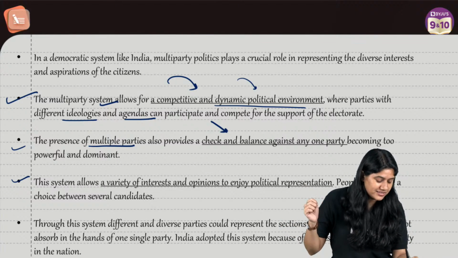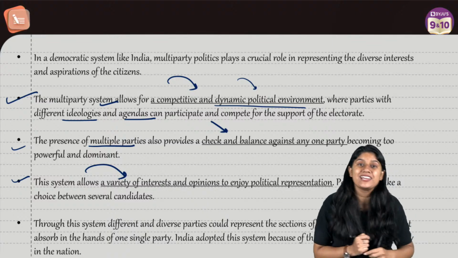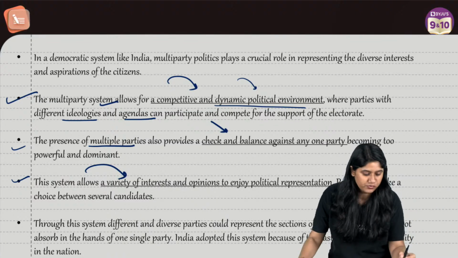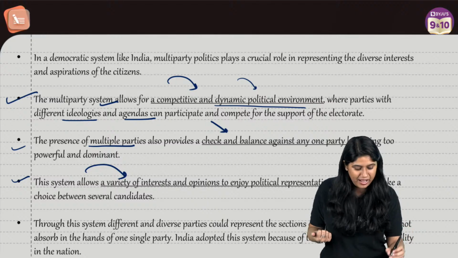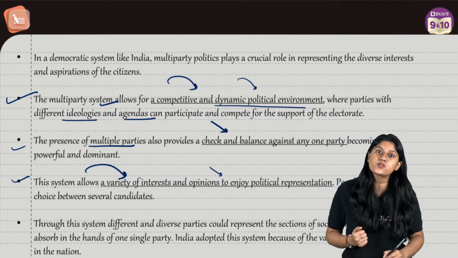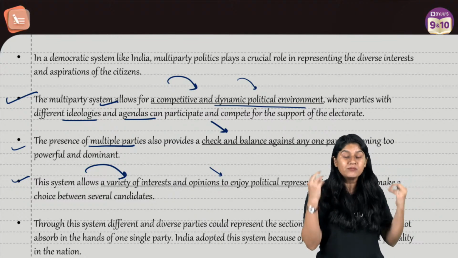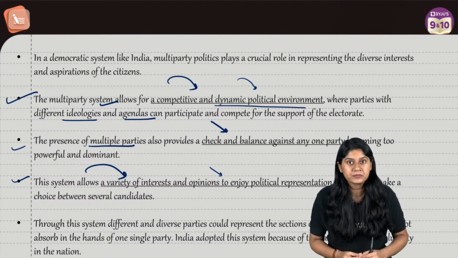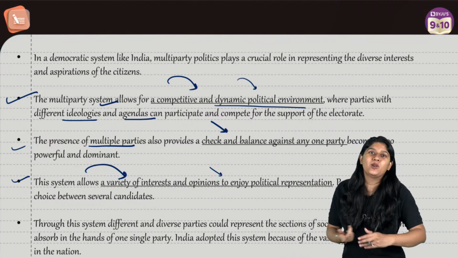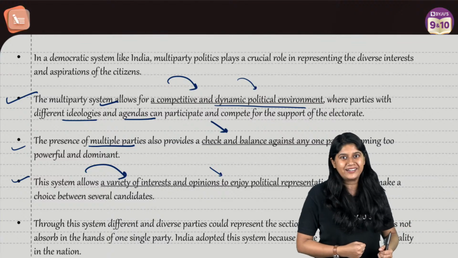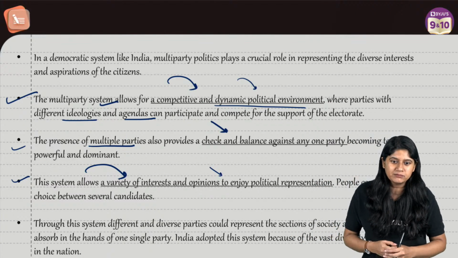The next part is that the system allows a variety of interests. When we have so much of it, we enjoy a variety of interests and opinions, and we will see more and more representation of the people. For example, if I want a black color ice cream to be launched, I'll vote for the candidate who is launching the black color ice cream.